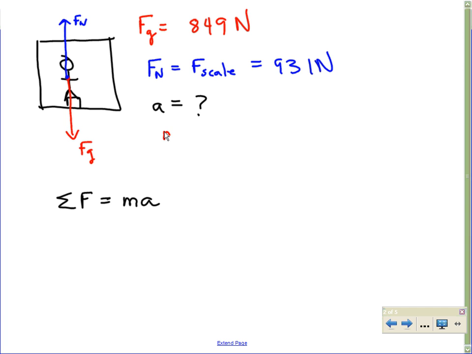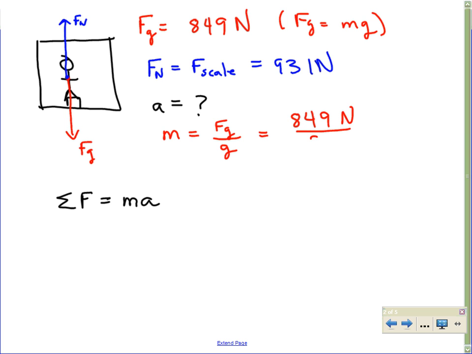So M is equal to Fg over G. That comes from Fg equals M times G. So if the weight is 849 newtons, and I divide it by the acceleration due to gravity, the mass of this student is 86.6 kilograms.